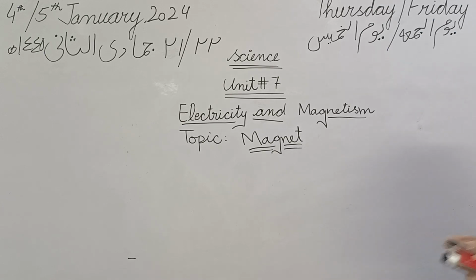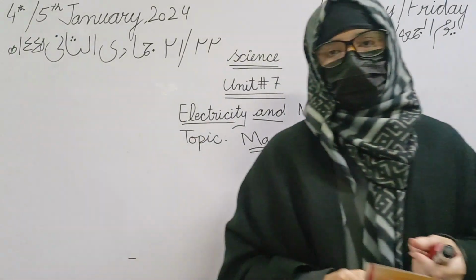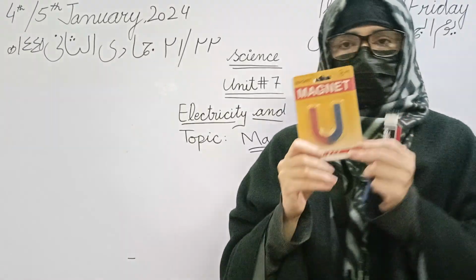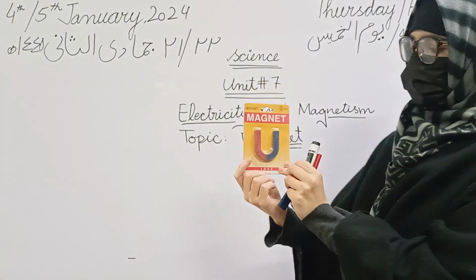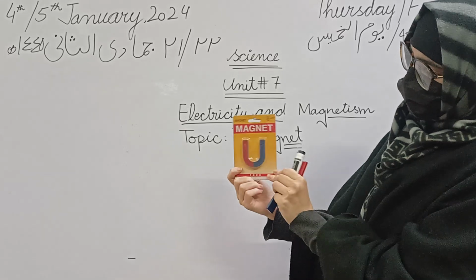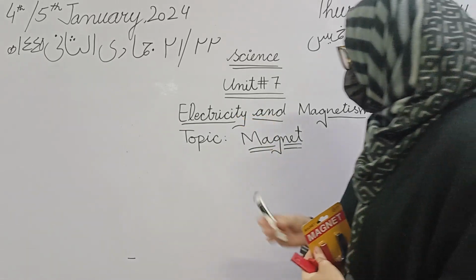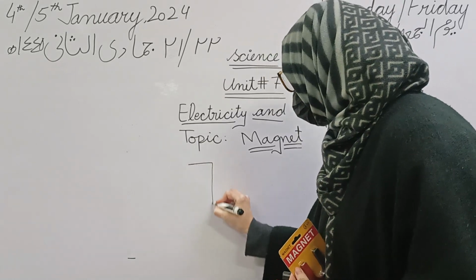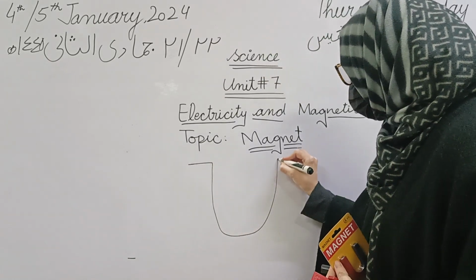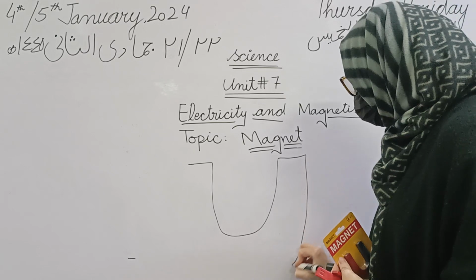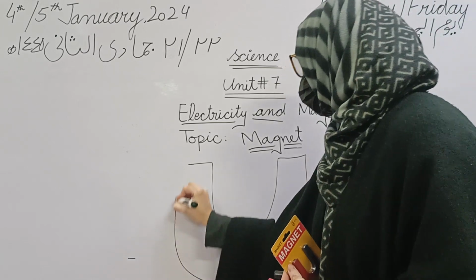So students, we have 2 types of magnets. Look, the first is, how does it look? Let's draw it here. What is this? ये क्या चीज़ है?